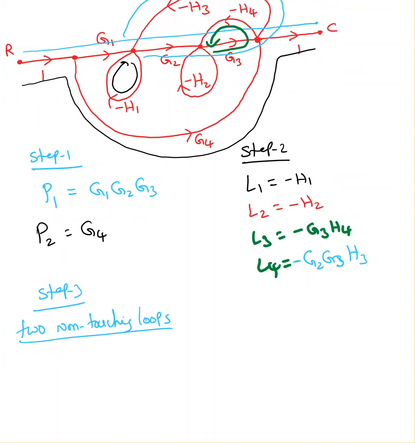They are not touching each other, either at a node or on a path. And another one, I see L1 and L3. They're also not touching each other at all. So those 2 are the non-touching loops.